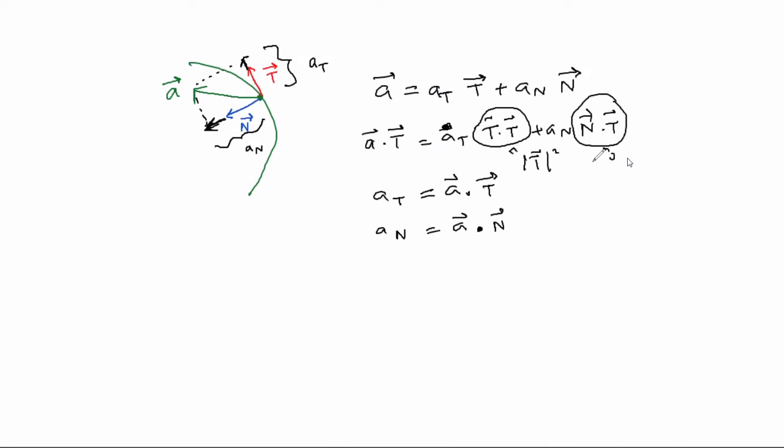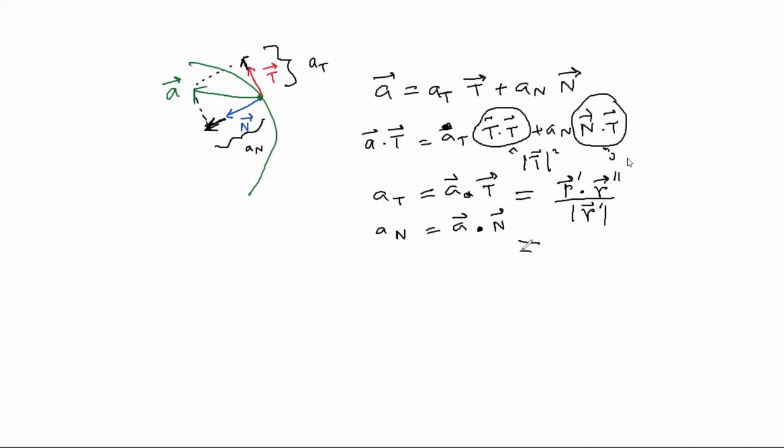But there is a better formula, so I'm not going to explain that, but I'm just going to give it to you in terms of R. AT is going to be R prime dot R double prime divided by the magnitude of R prime.